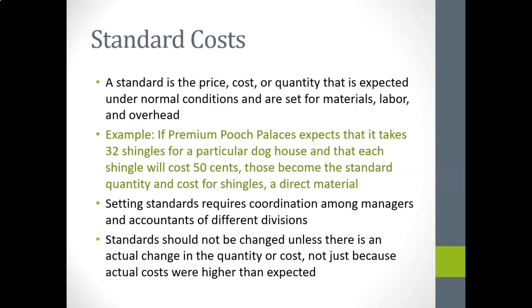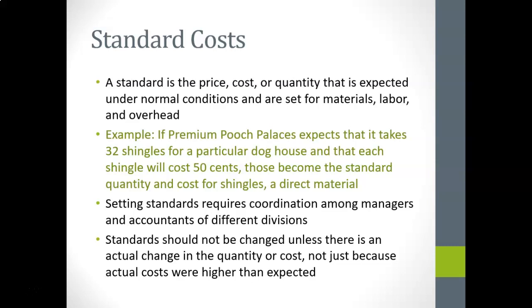But maybe there's a huge hurricane or something, a bunch of stuff happens between now and next year, and it causes the shingles to cost more next year than we envisioned. And so they end up costing 52 cents because of these various other things that happen.